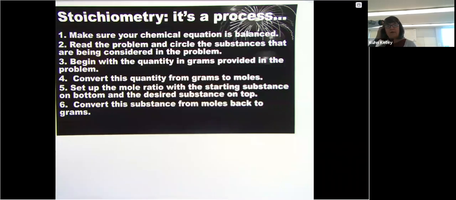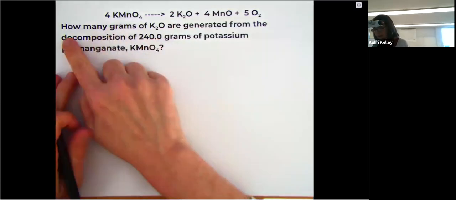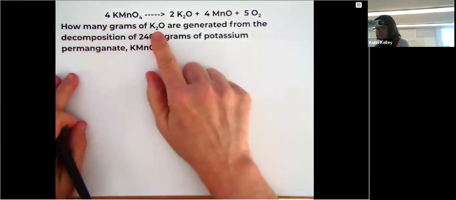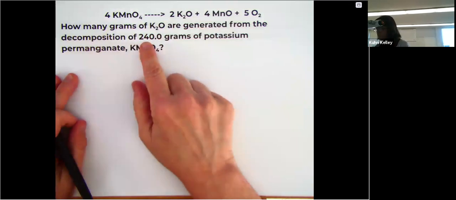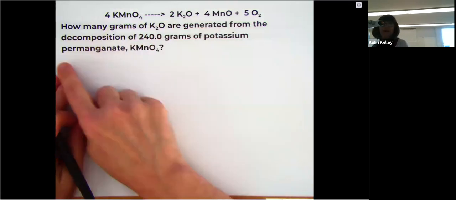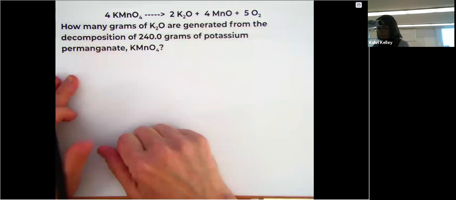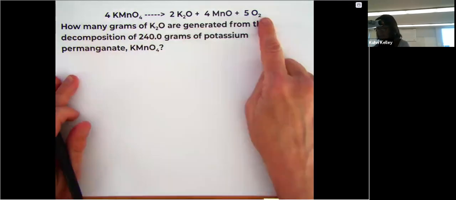The second thing that I recommend you do is, as you read the problem, you refer back to the chemical equation and circle the substances that you're considering. For example, in this problem, it says how many grams of potassium oxide are generated from the decomposition of 240 grams of potassium permanganate. Looking at my chemical equation, it is balanced.